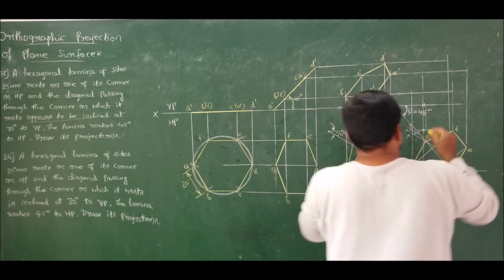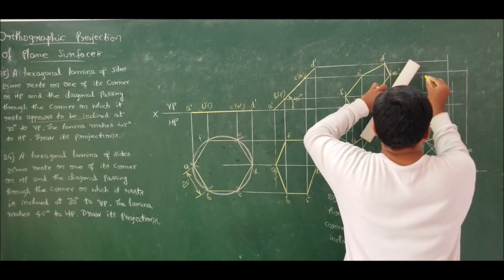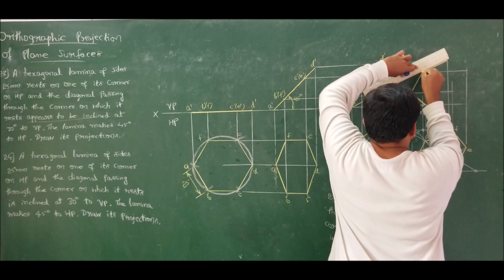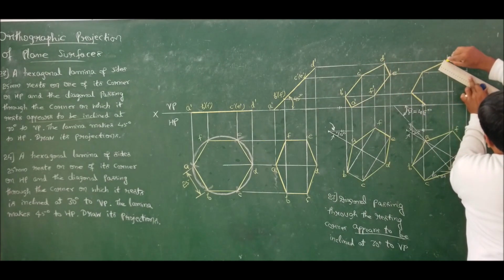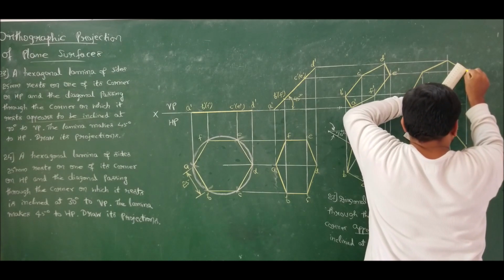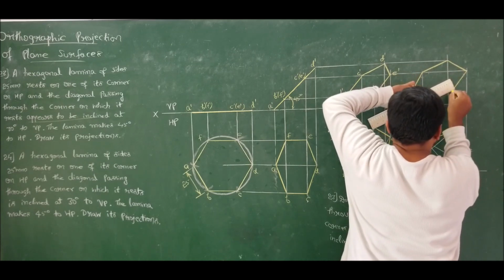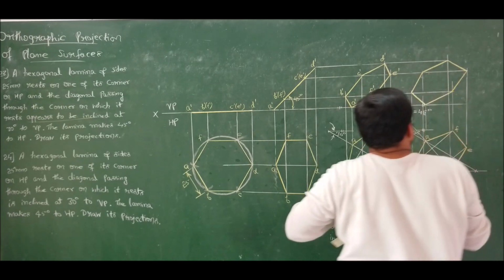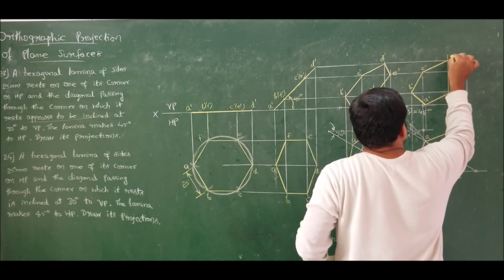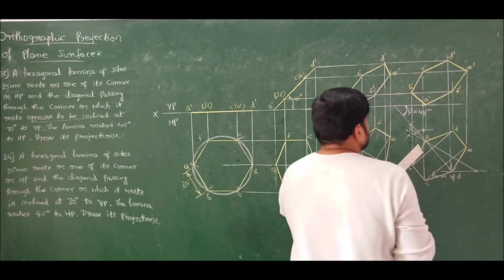So now joining, we have A to B, B to C, C to D, D to E, E to F, and finally F to A. That is A dash, B dash, C dash, D dash, E dash and F dash.